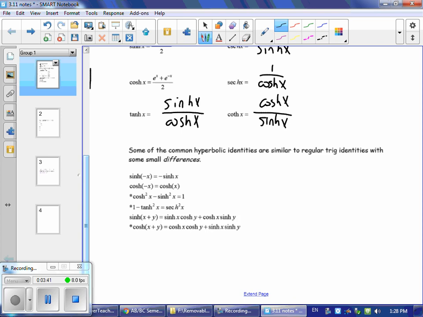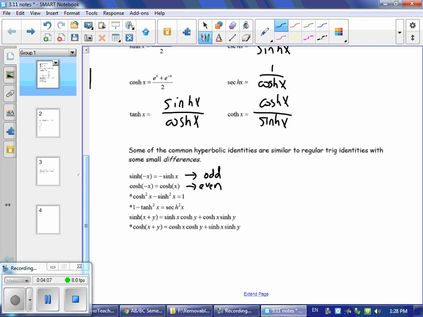That means it is an odd function. It is symmetric to the origin, no different than sine. If I take cosh of negative x and change its x value to positive x, it doesn't change the y value. So that makes this an even function, very much like cosine.